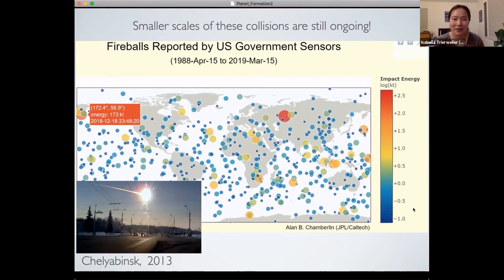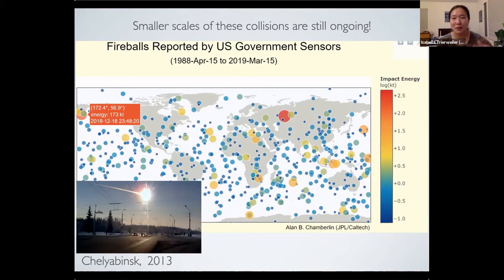As you can see, a lot of them aren't too energetic, but there are a few that can get pretty exciting. One example is a few years ago, the Chelyabinsk meteor or fireball. That was a big event. So we know that these types of collisions are ongoing, even if today they're on a much smaller scale.